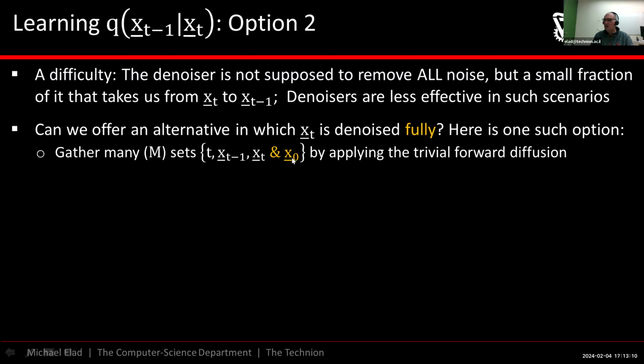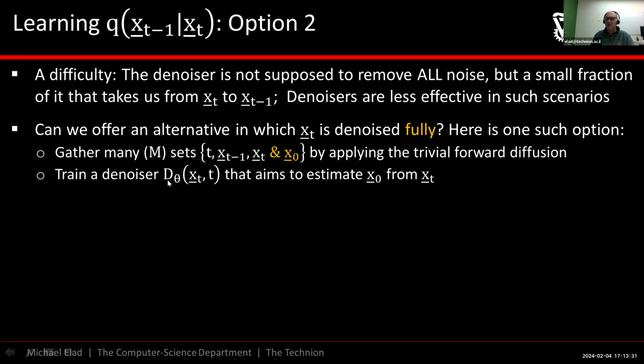Let's take 100,000 good-looking images x0, create the whole chain of xt's from them, and now keep 4 elements: 100,000 such 4-element tuples, of the really true image, the time t minus 1, and the temporal point t itself. Now let's start by designing a denoiser that is regular. These are the notations we have. This is the denoiser with parameters theta that takes xt and tries to estimate x0 from it.